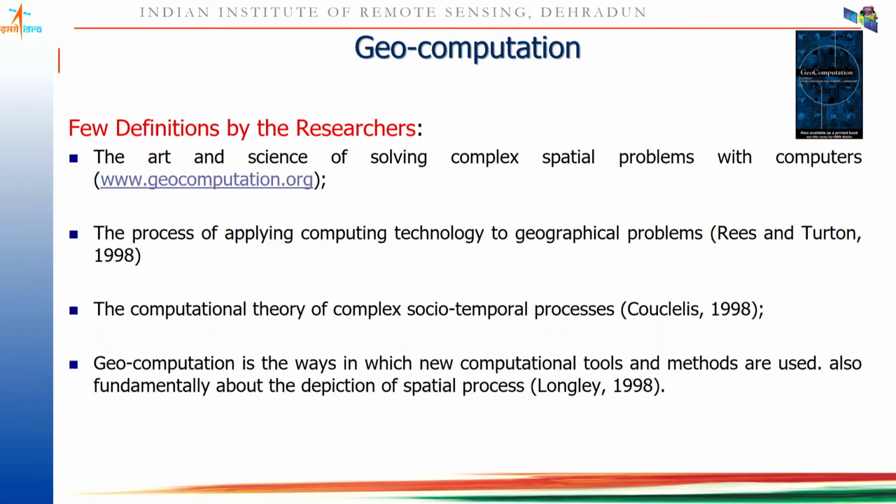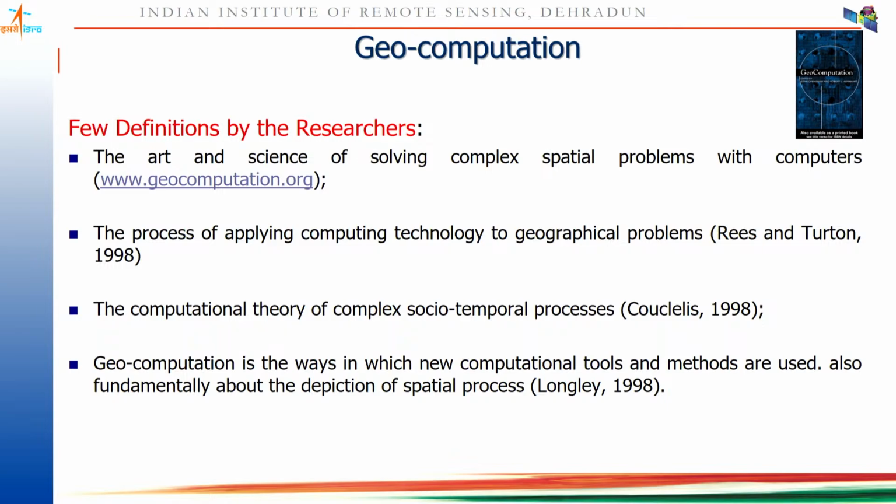Today in data science, when we are dealing with a huge amount of data, or we are trying to get insight into this data, then definitely we are using different techniques or approaches to extract meaningful information from this data. The same is applicable for spatial data as well.